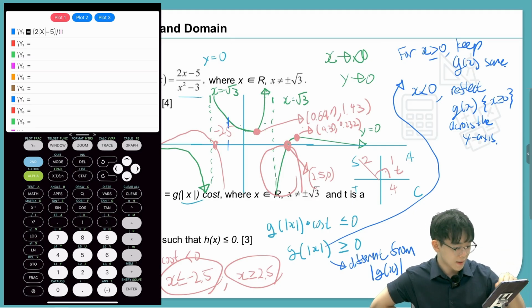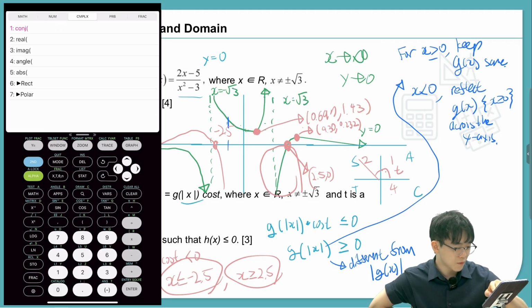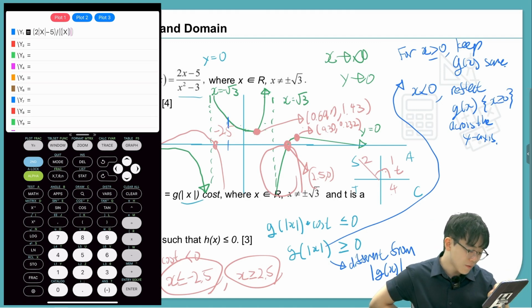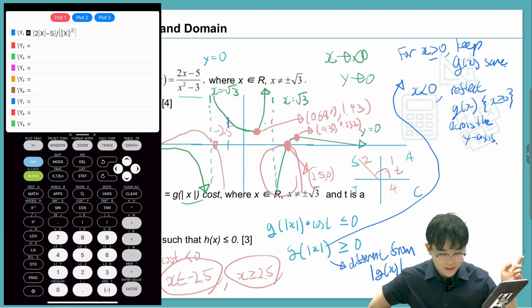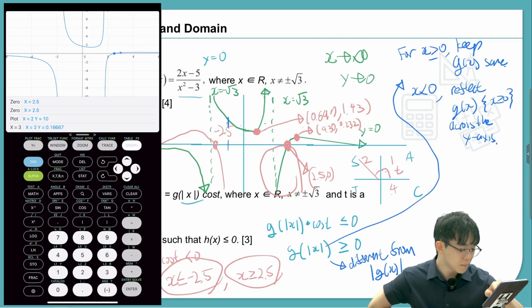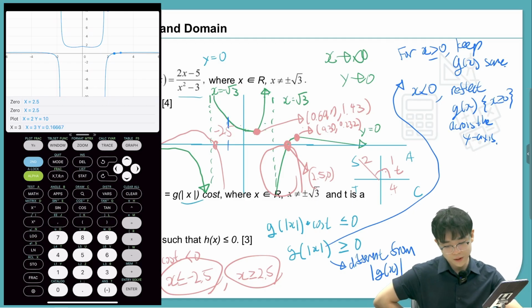Actually, you don't have to put an absolute value sign if you're going to square it anyway, but I'm just going to do it. So you have absolute value of x, we're going to square that, and then we're going to subtract 3 from that. What happens there should be exactly what I showed you.